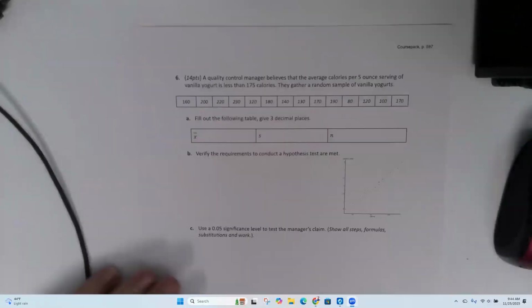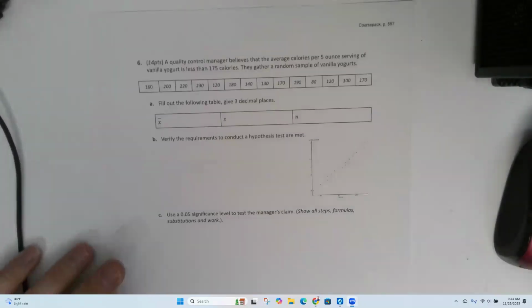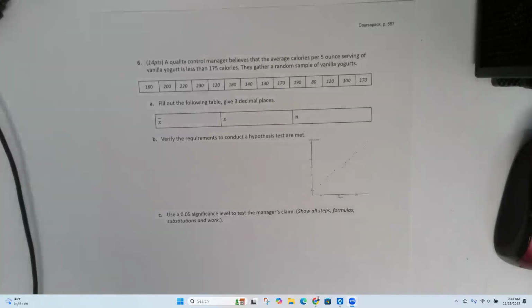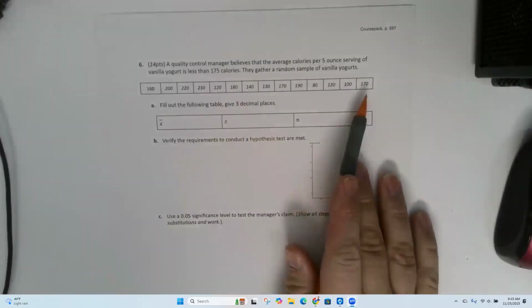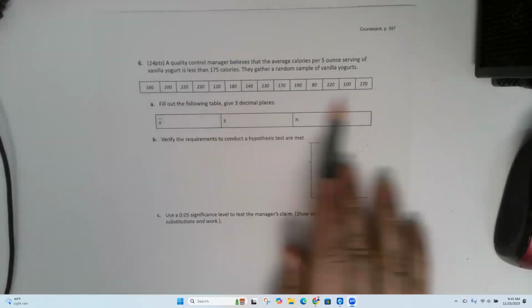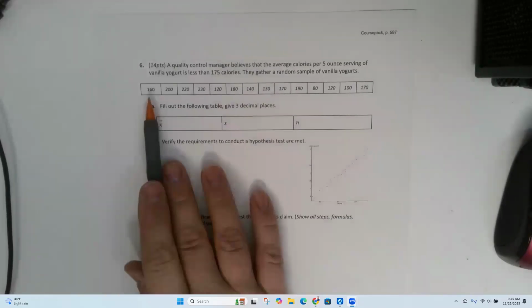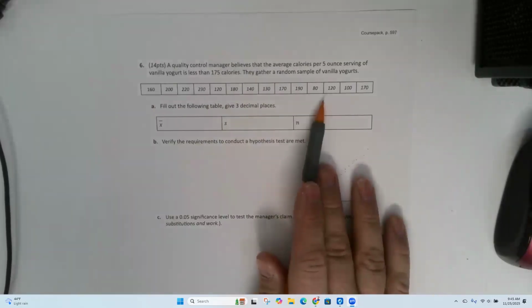All right, page 3, page 597. A quality control manager believes that the average calories per 5-ounce serving of vanilla yogurt is less than 175 calories. They gather a random sample of vanilla yogurts. So this is the sample that they actually gave us.